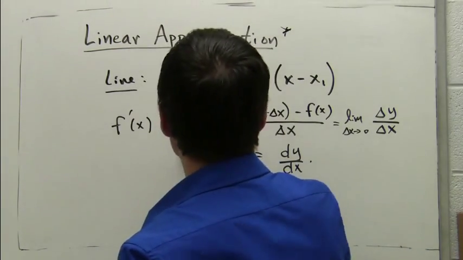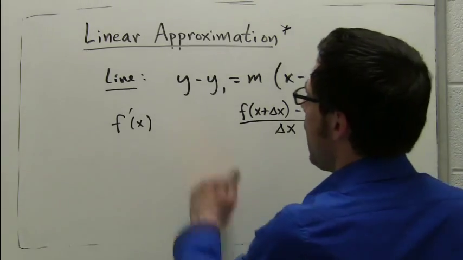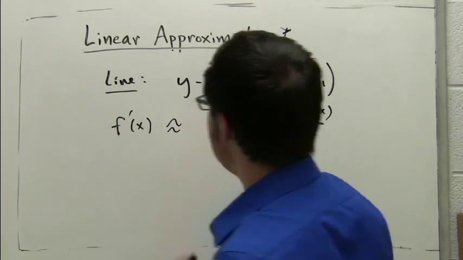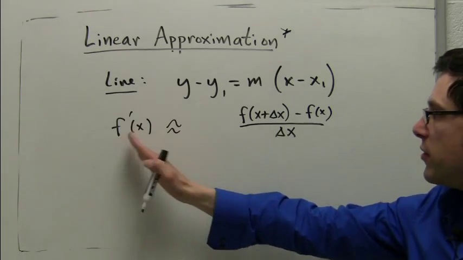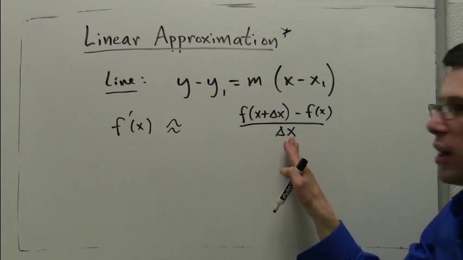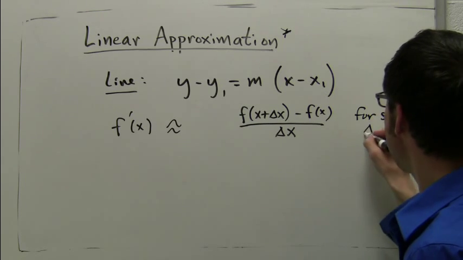If I remove the limit sign, I have to write down this little approximation symbol, because it's not exact anymore. So f's derivative is approximately this for small enough delta x.